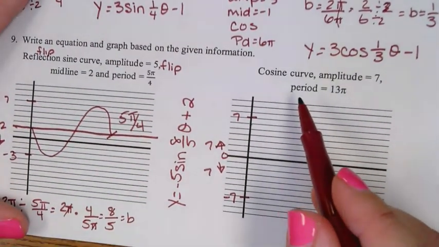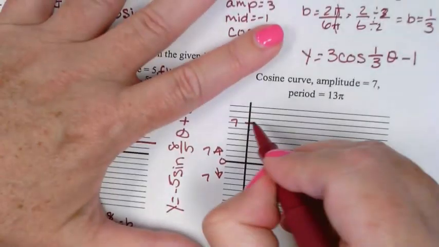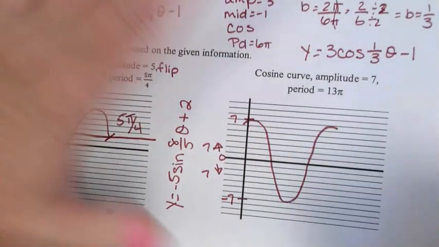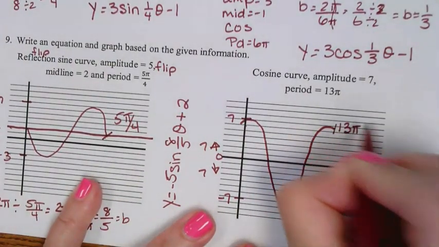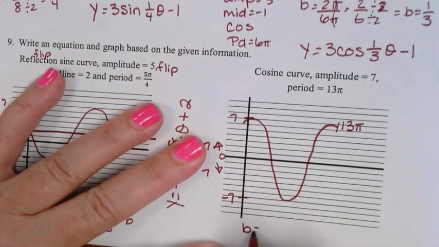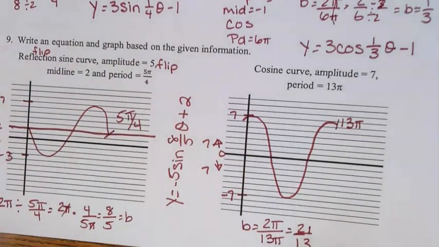Notice it's not reflective cosine, so it's just a normal, pretty curve. And we end right here at 13 pi. So find b, 2 pi divided by 13 pi reduces, and we just get 2 over 13.